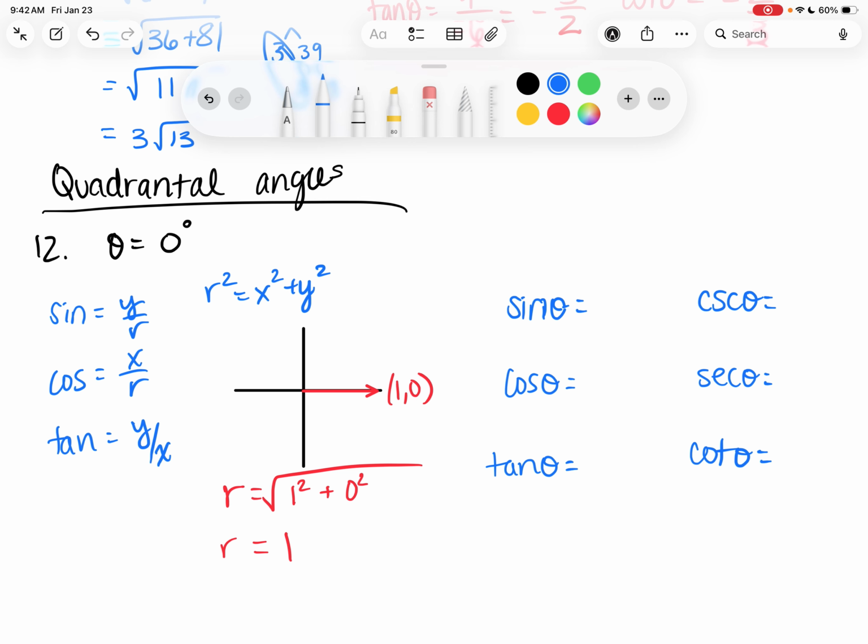All right, so sine of theta, and the reason I wrote it this way, y over r, is because it's kind of hard to look at this and figure out where the angle is and what's opposite and all of those things. So y over r, well, y is 0 and r is 1, so that would be 0 over 1, which is 0.